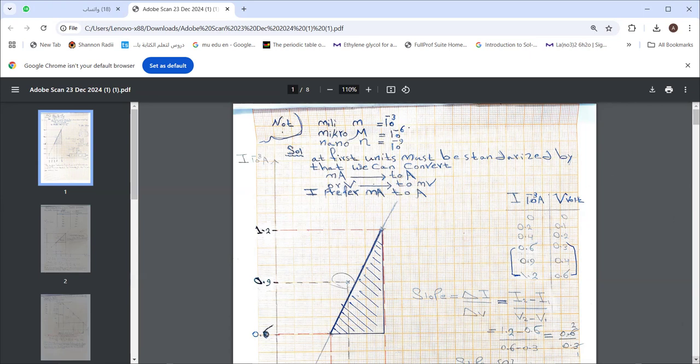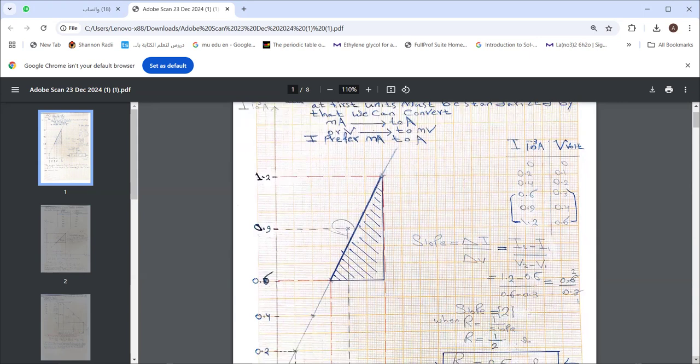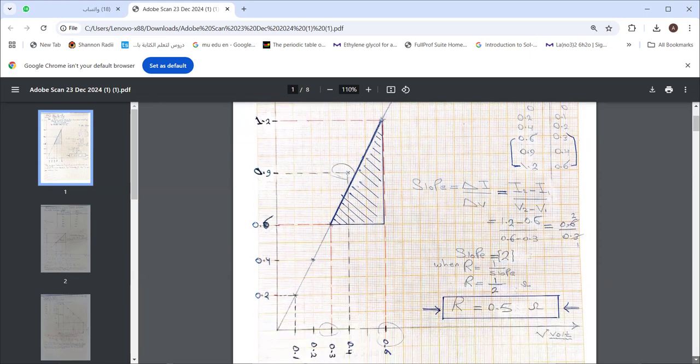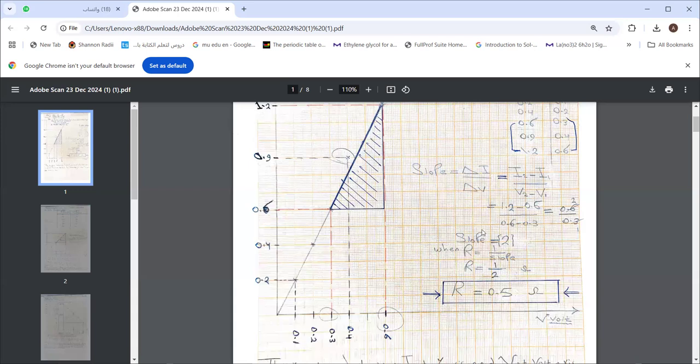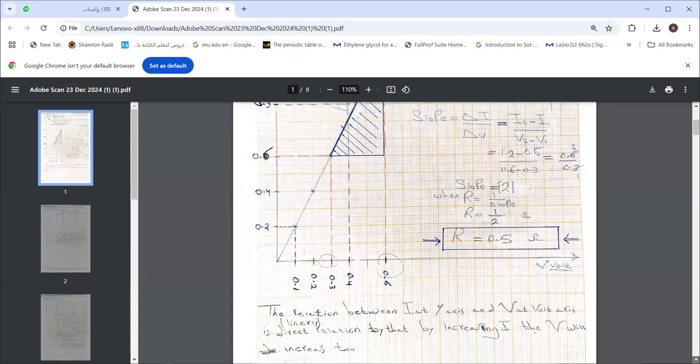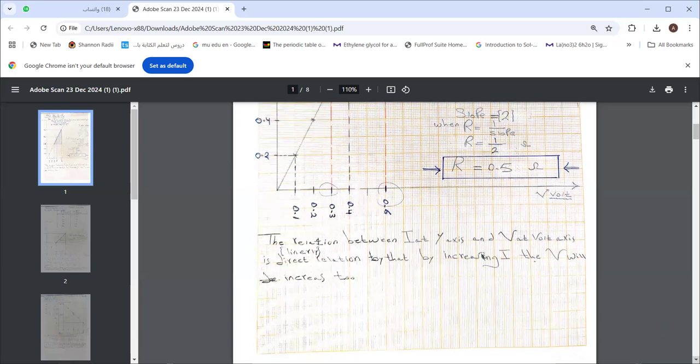Here, after that, I selected 2 points to calculate the slope. I will not say delta y divided by delta x anymore. Slope equals 0.5. The relation between them is a linear relation, and its kind is direct.